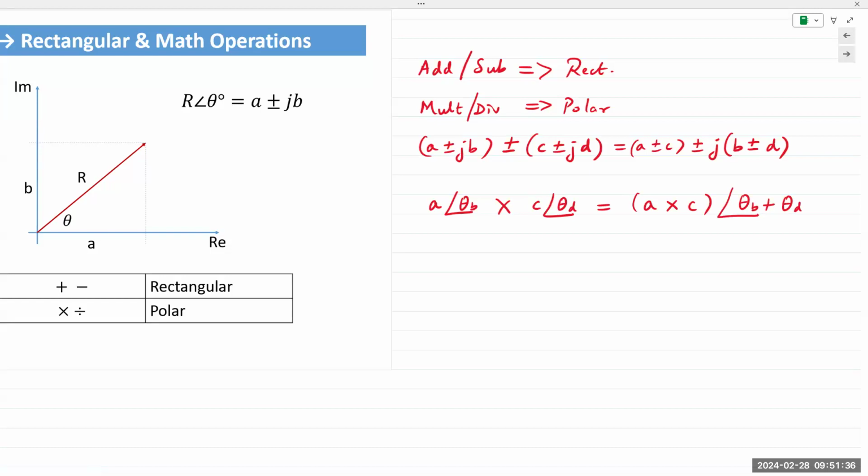So if you're doing Ohm's law, V equals I times Z, and you have polar coordinates, you can perform this math.